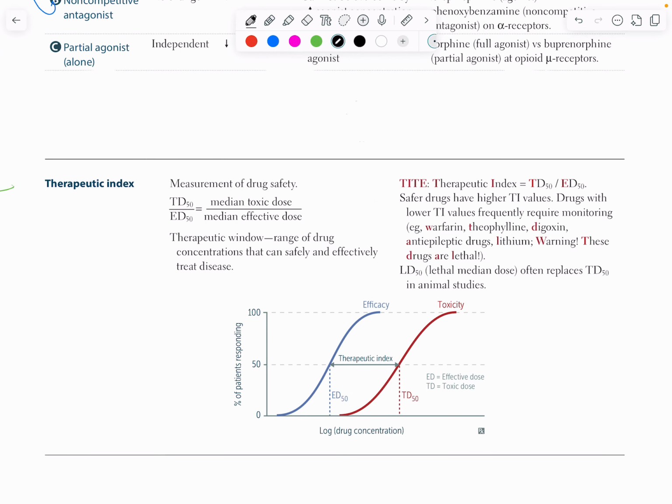Now we are going to study the therapeutic index. The therapeutic index is a measurement of drug safety and has two values: the first is the toxic dose and the second is the effective dose. The ratio of toxic dose to effective dose gives the therapeutic index. The therapeutic window means the range that is safe for the patient to treat the disease, the range of drug concentration that can safely and effectively treat disease.